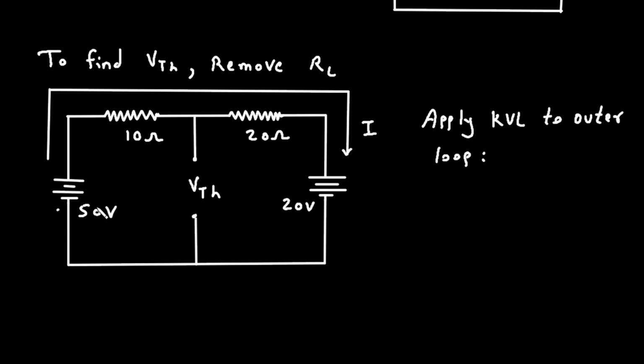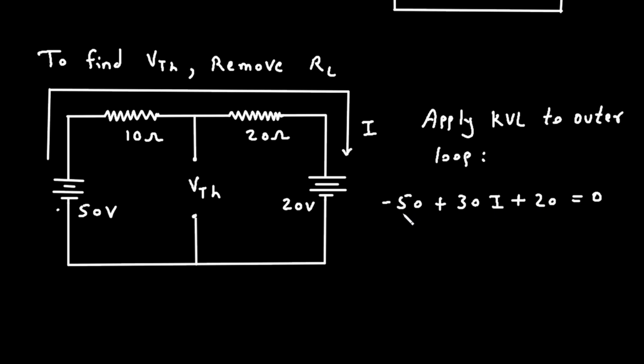So it will be minus 50. Then this 10 ohm and this 20 ohm are connected in series. So it will be plus 30 into current I. Then plus 20 is equal to 0.